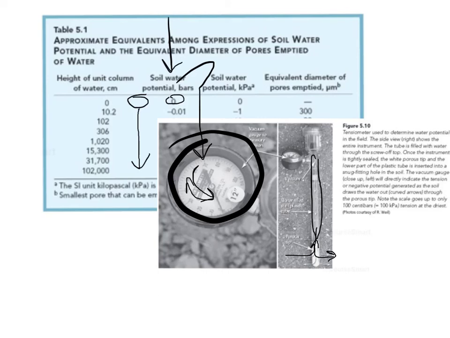And these devices are used for field irrigation, to time when it's time to irrigate. The soil can tell us when it's time to irrigate by telling us how much tension that water is under.